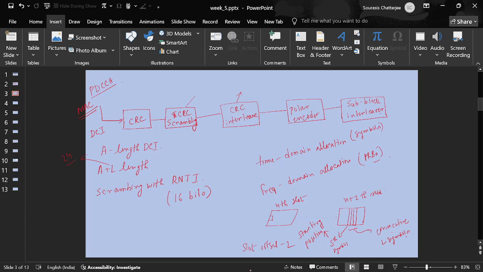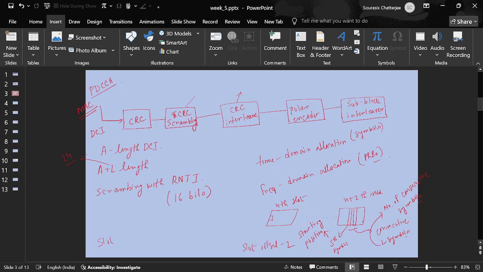And then comes the number L here, and that is number of consecutive symbols. So if I am carrying information, let's say basically my slot offset is 3 and my, okay, let me write it down here.